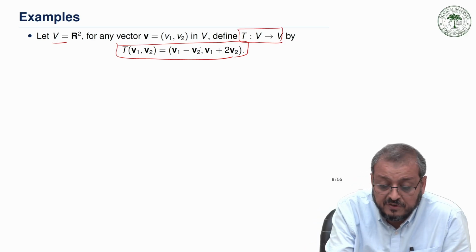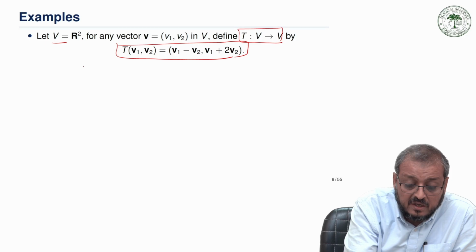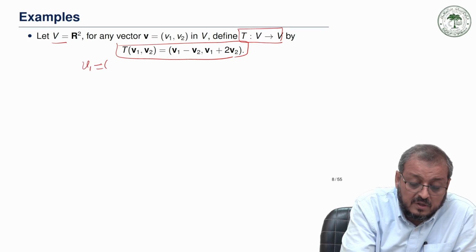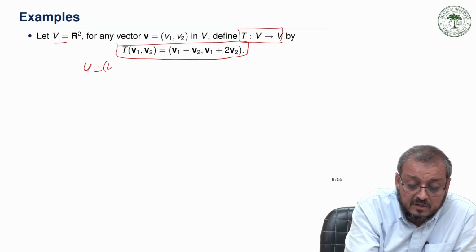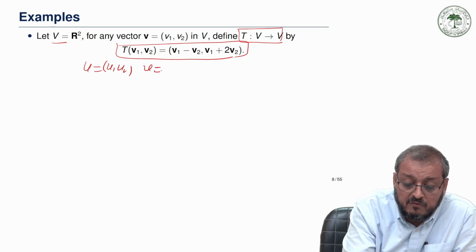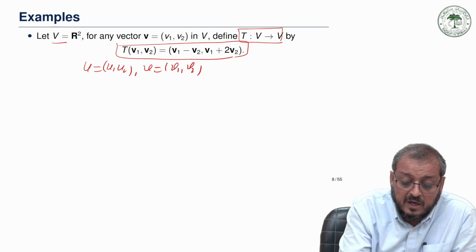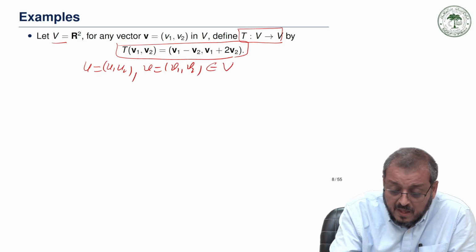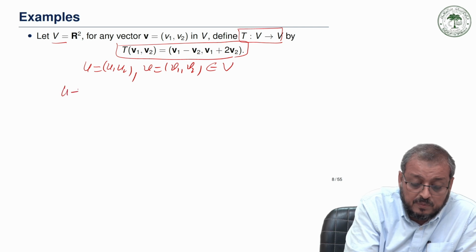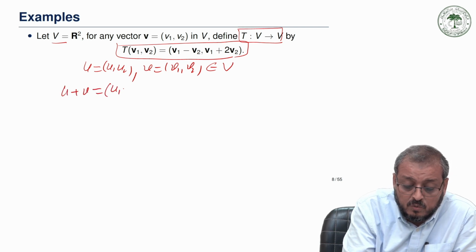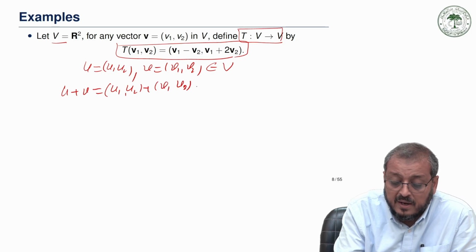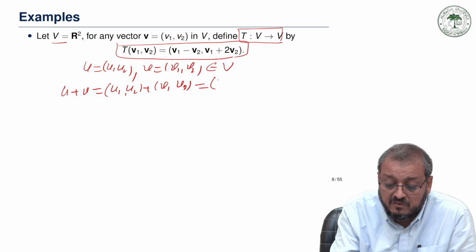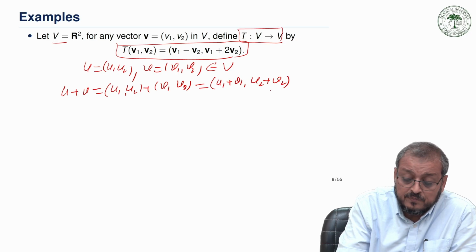First we take two different elements, U equal to U1, U2 and V equal to V1, V2, both elements of V. Then U plus V is equal to U1, U2 plus V1, V2, and by component-wise addition, U1 plus V1 and U2 plus V2.